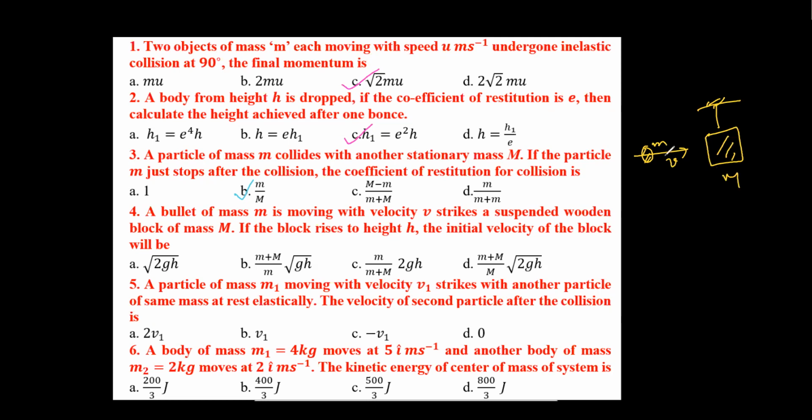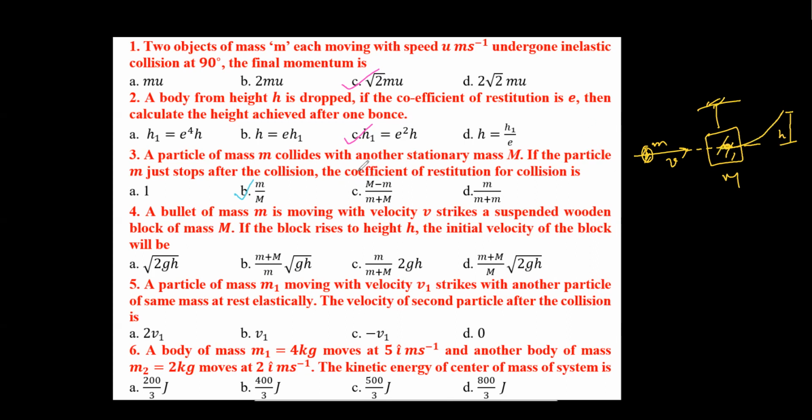As soon as it strikes, because of this collision, the wooden block will rise to a certain height h. The bullet collides, goes inside, and travels along with the block.